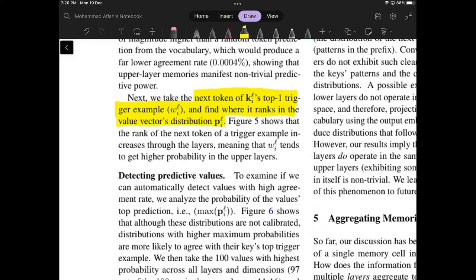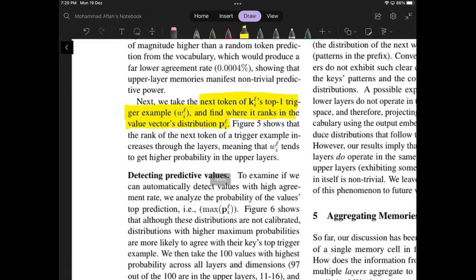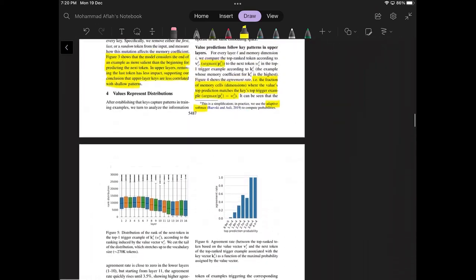Let's try reading this again. We take the next token of KI's top one trigger example WIL and find where it ranks in the value vectors distribution. So we are trying to find not just the word to be.